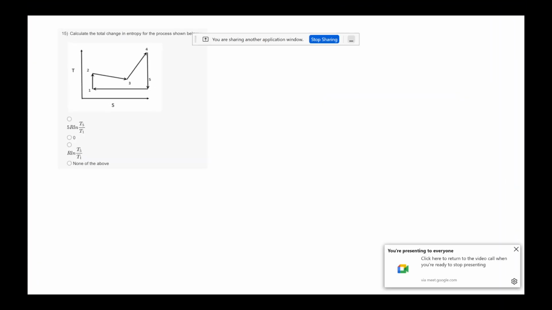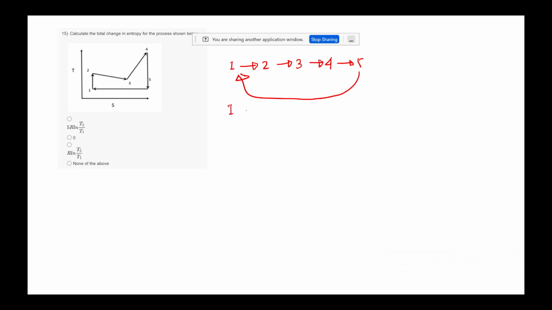Since it starts from 1, then goes to 2, then 3, again to 4, then to 5, then it comes back to 1. So it starts from 1 and eventually comes back to 1.